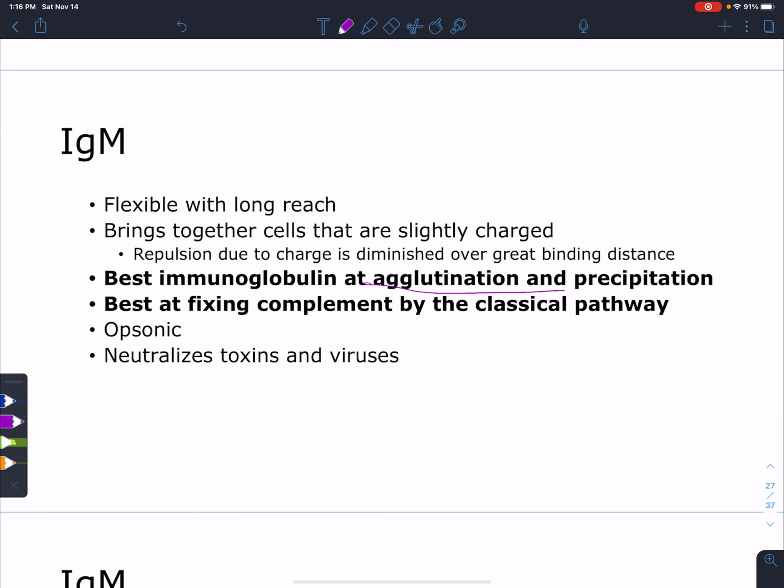It is the best one at agglutination and precipitation. So where you'll see this is we're going to use it for some of our agglutination tests. And we'll see way more about this in blood bank.